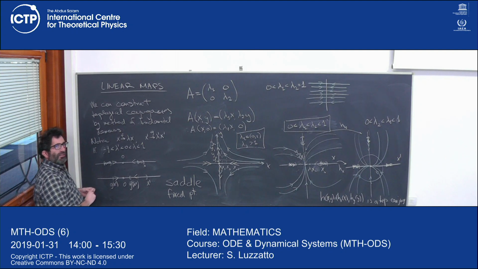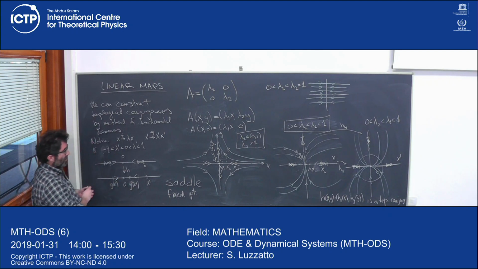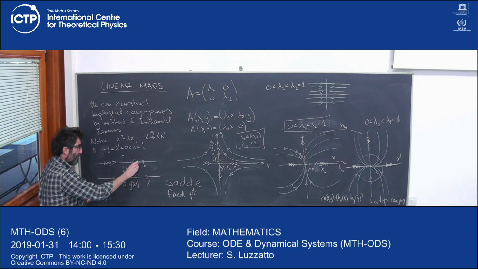So how do I convince you that you cannot do this? I think it's simply because you cannot have a homeomorphism. I mean, we're trying to construct a homeomorphism, H, right? And which preserves the dynamics. So this homeomorphism needs to map this fundamental domain.